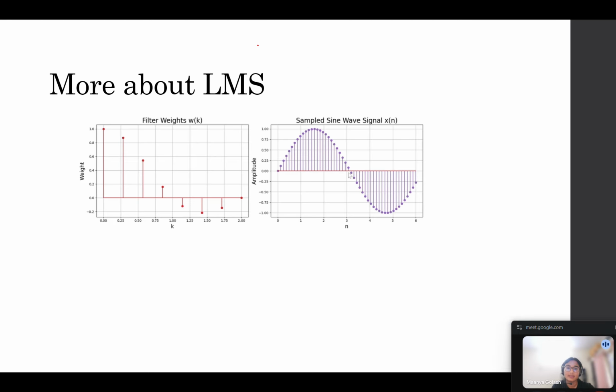To derive LMS, we have this example. These are a set of 8 filter weights, W0, W1 and so on till W7. And for an example input, I have taken 48 samples of a sine wave, so that's x0, x1 and so on till x48.